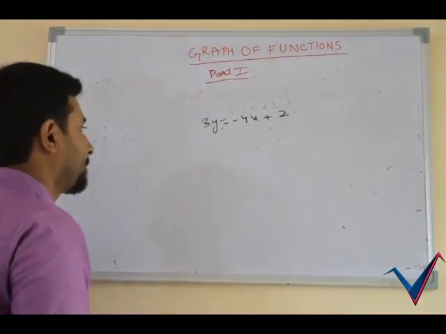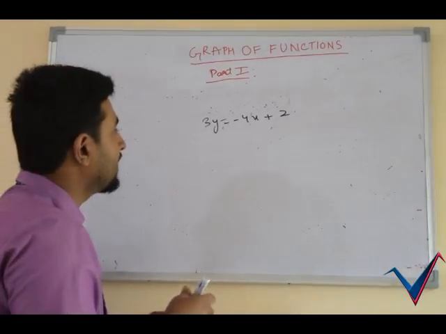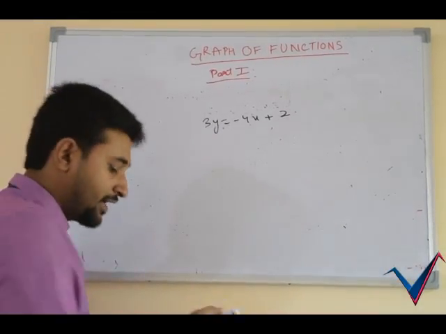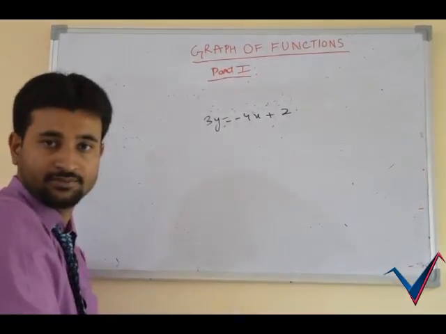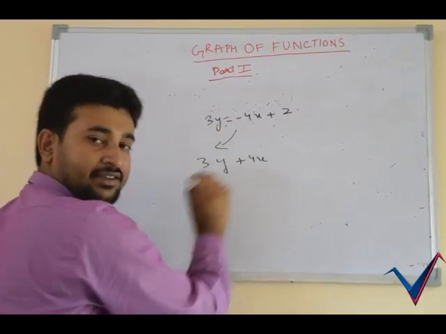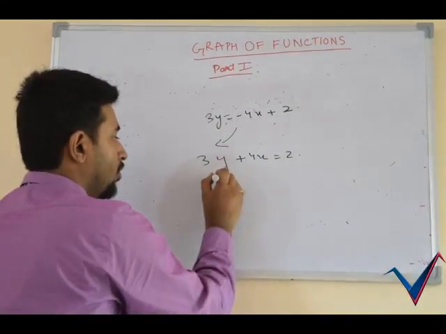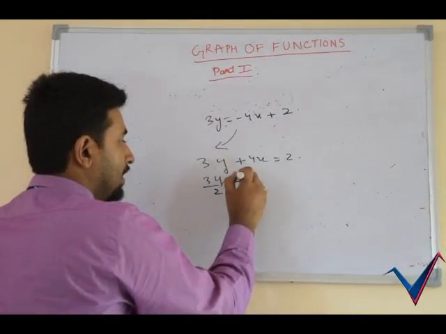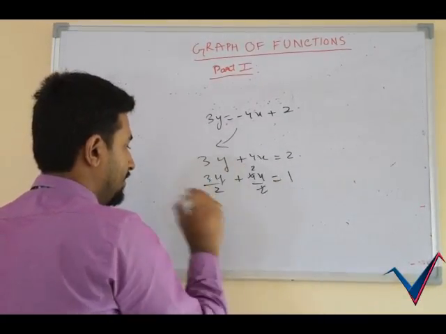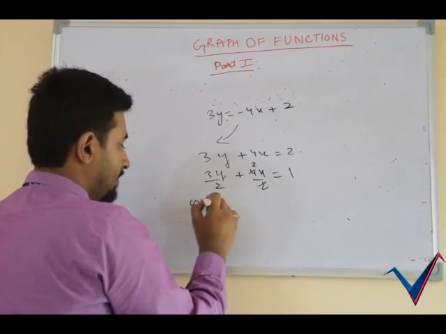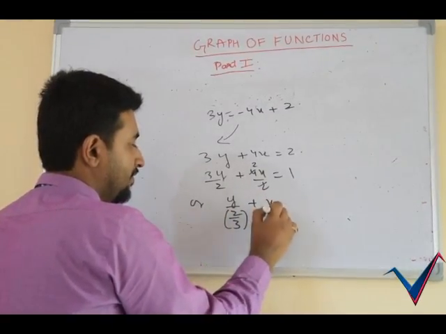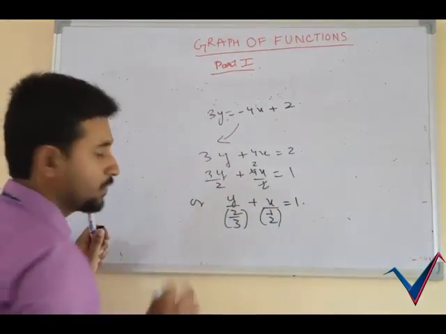Now we will plot the line using the equation x by a plus y by b equal to 1. First of all, transform the equation into that form. You have 3y plus 4x is equal to 2, or 3y by 2 plus 4x by 2 equal to 1, or y by (2 by 3) plus x by (1 by 2) is equal to 1.